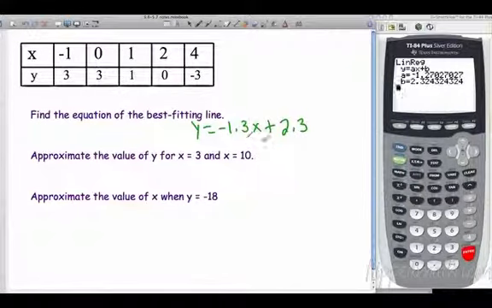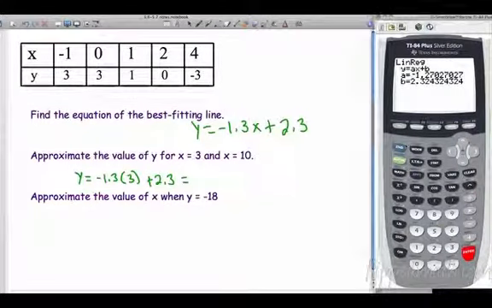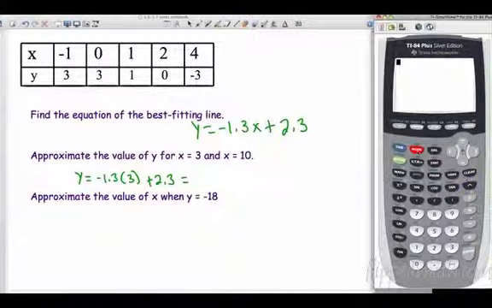Now we're going to approximate some values by solving this when x is 3. So I'm going to plug in x is 3: negative 1.3 times 3 plus 2.3 equals. Here's a great thing: I'm just going to put this in my calculator. I always press Second Quit to get to my home screen.